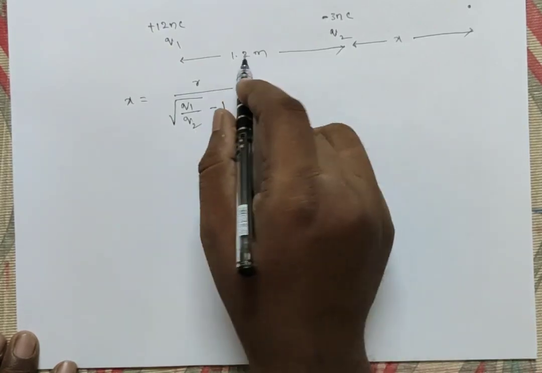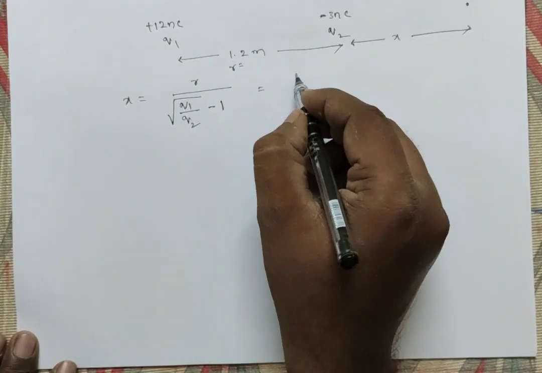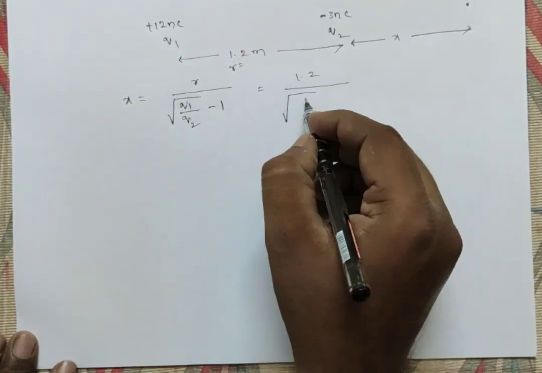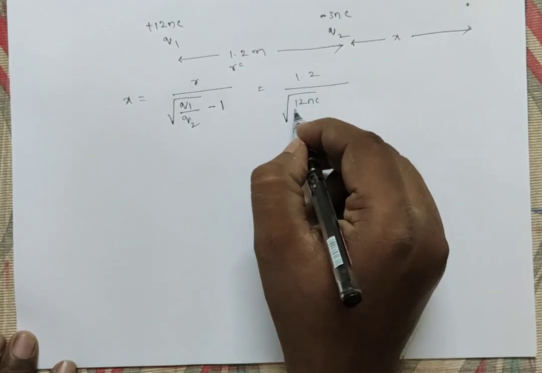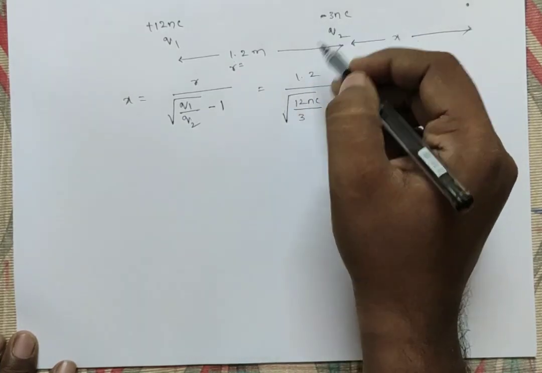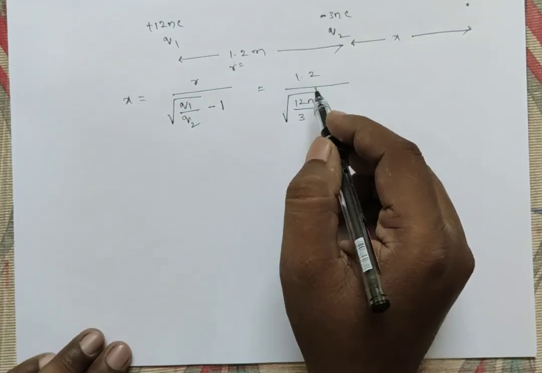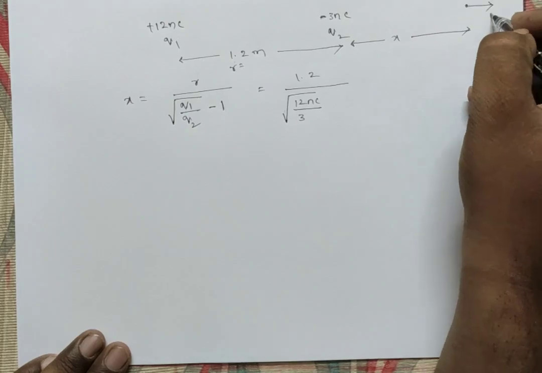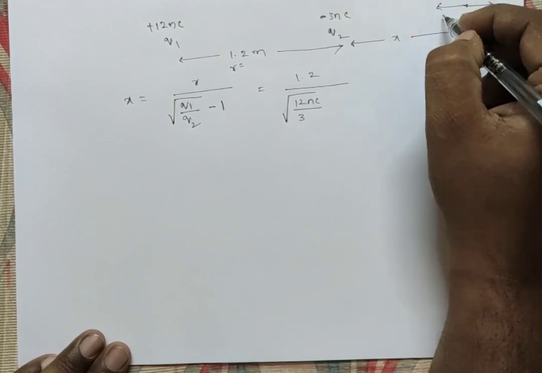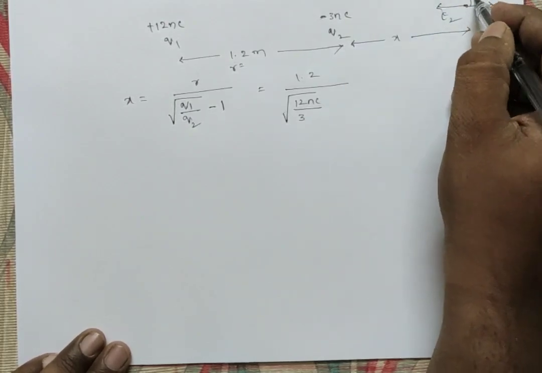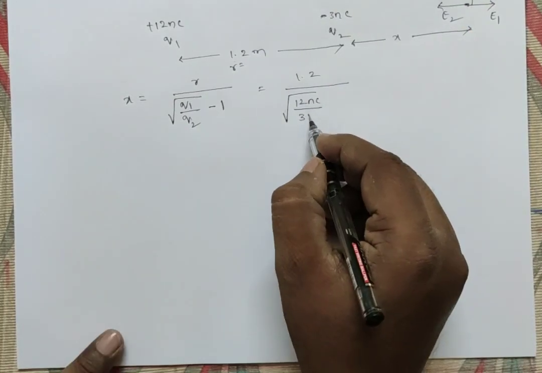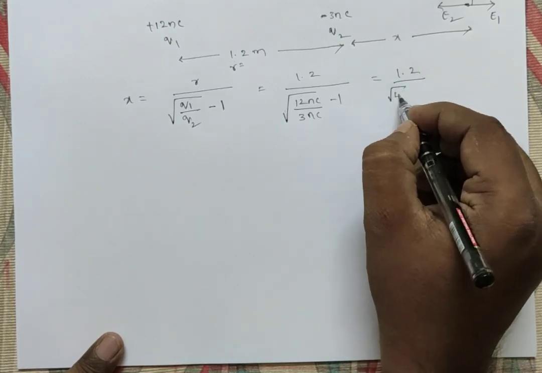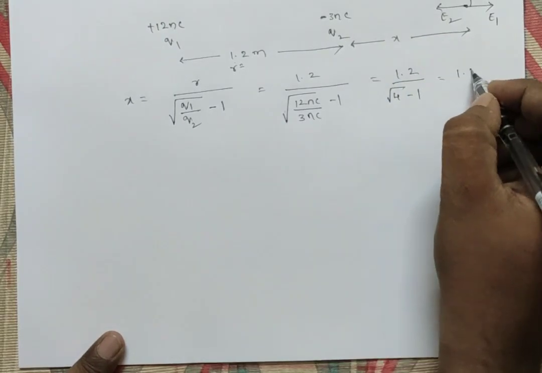R means the total distance, 1.2 by the square root of Q1, which is 12 nanocoulomb by, here only magnitude I have to write, okay, don't put any sign here, just magnitude, directions we can know here. At this point the electric field intensities due to E1 and E2 are equal and opposite at point B. Then 3 nanocoulomb, minus 1, then 1.2 by the square root of 4 minus 1, that is 1.2 meters will come.